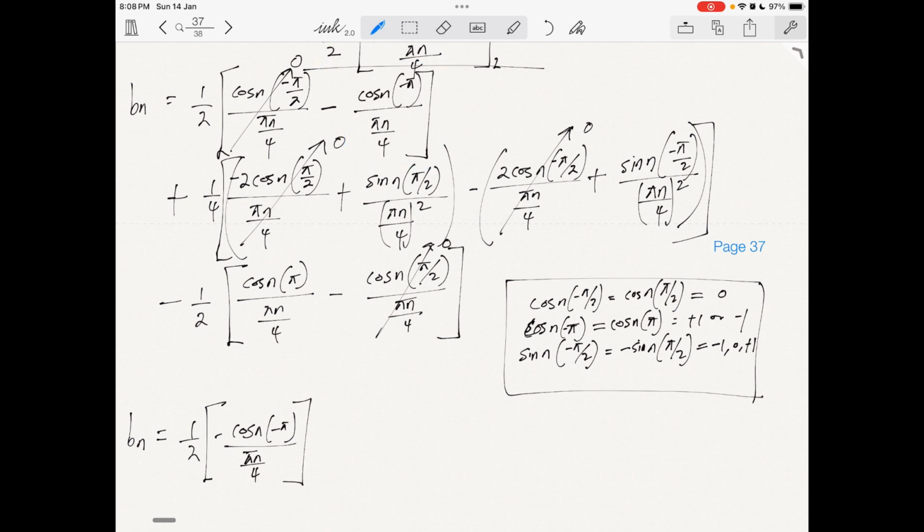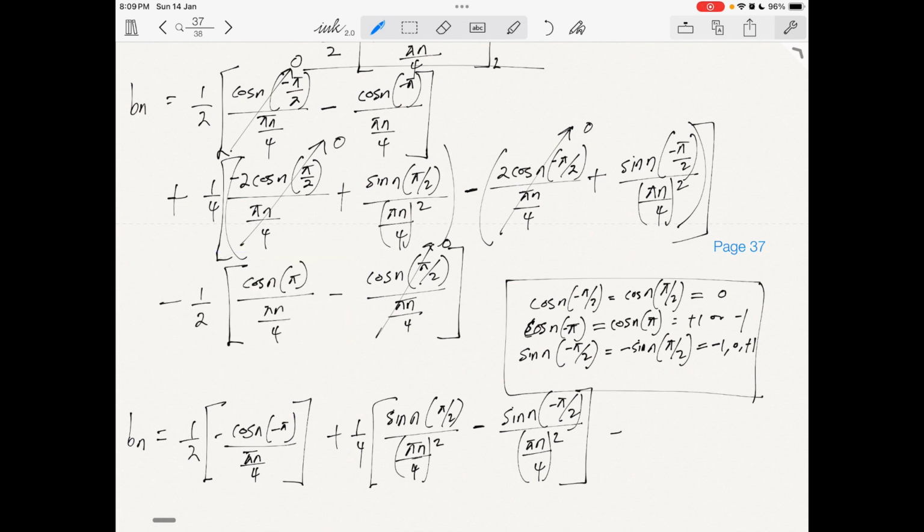After taking this, thereafter we can deal with this, plus 1 over 4. 1 over 4 came from here, and we have sine n pi over 2 divided by pi n over 4 squared, and this will be minus this term here, minus sine n minus pi over 2 divided by pi n over 4 squared. And finally, this term, which is minus 1 over 2 into cos n pi divided by pi n over 4.